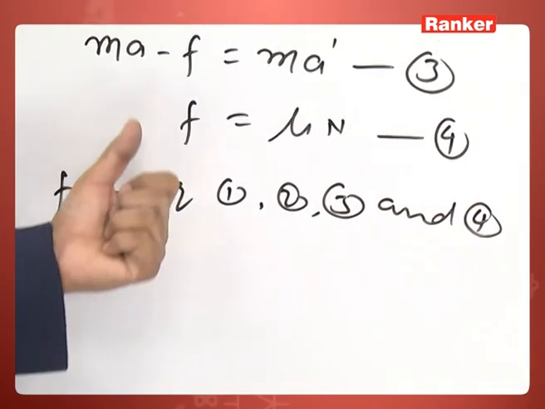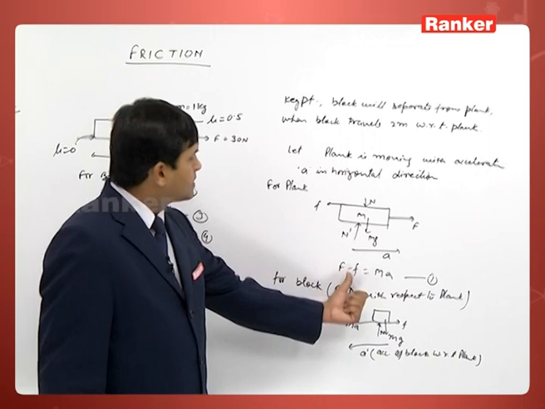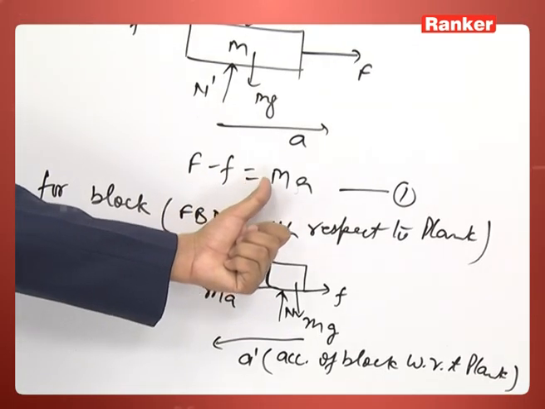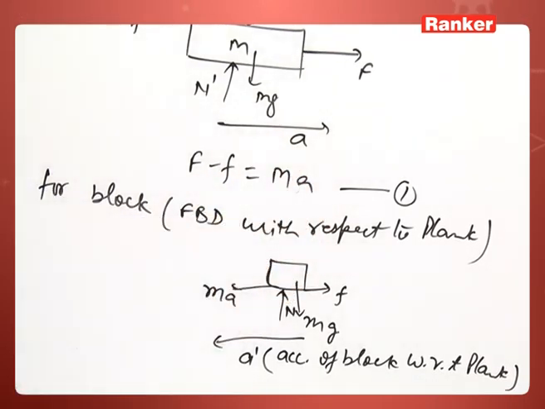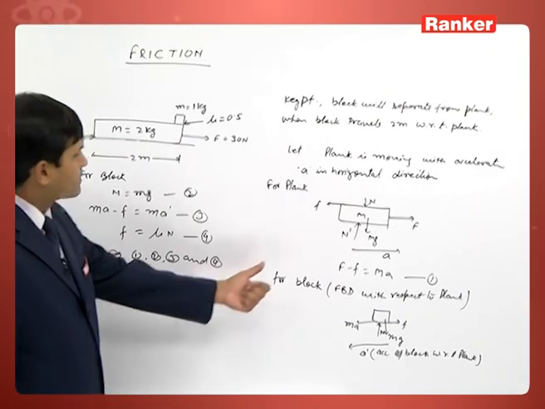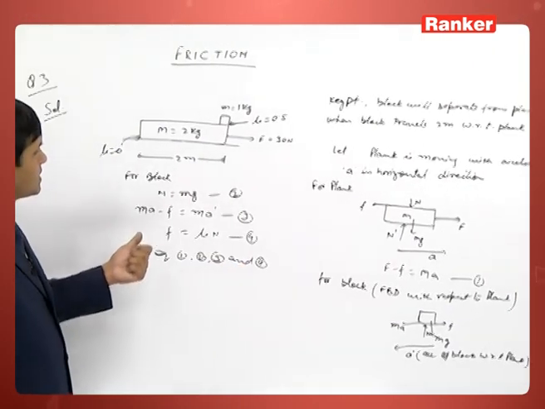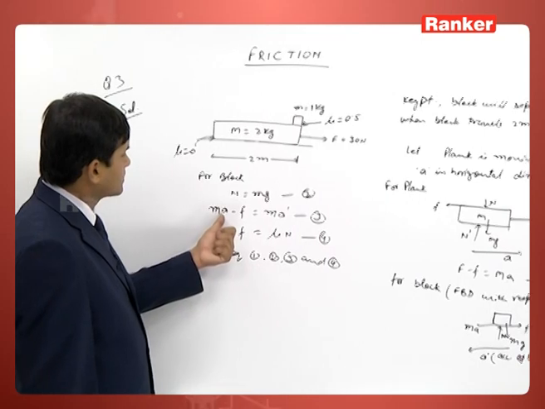How to do? First point, here F minus small f is equal to capital M into A. So, we can write from equation first the small a value.